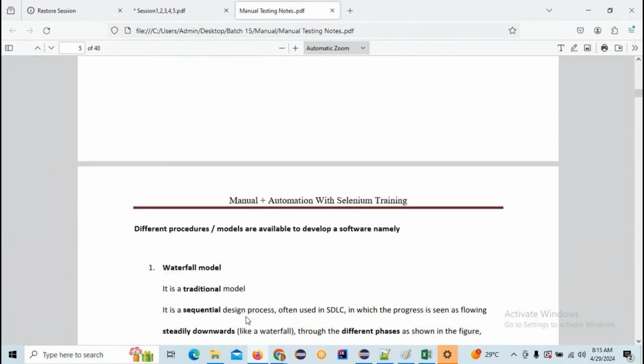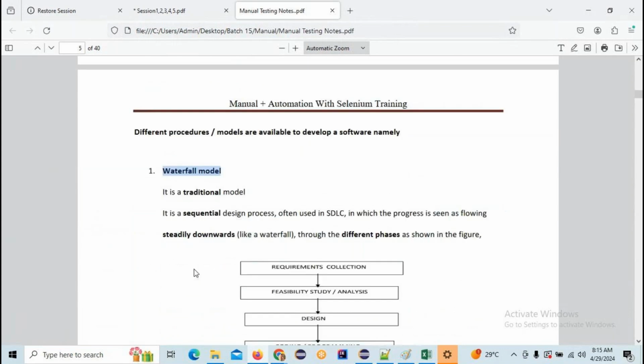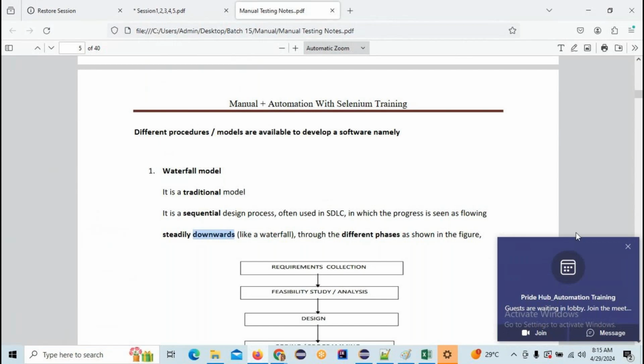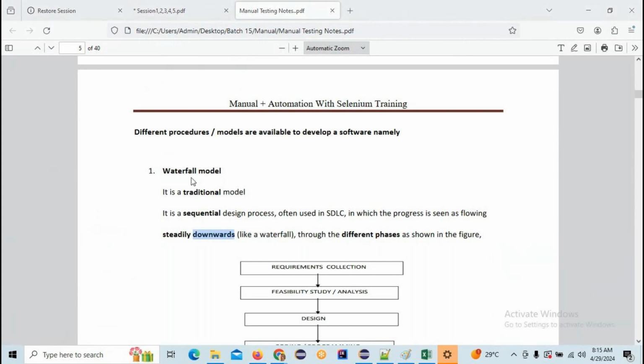Okay, so here you can see the waterfall model. It's a sequential model and it's a traditional model. Sequential design process means the progress is seen flowing steadily downwards, like a waterfall.